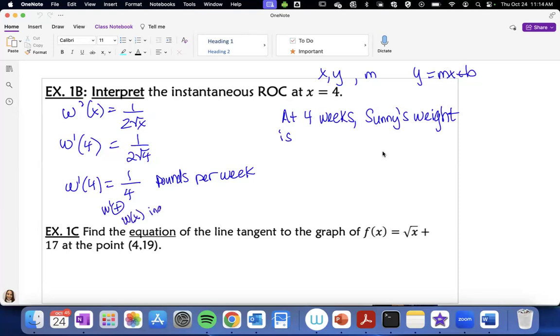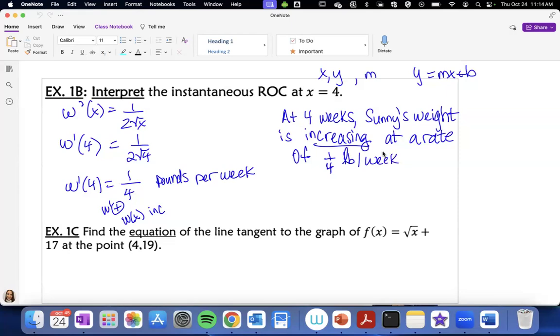So I'm going to say that it's increasing at a rate of 1/4 pound per week, right?